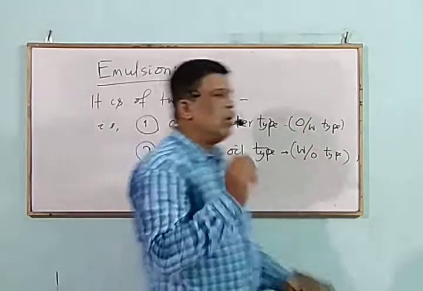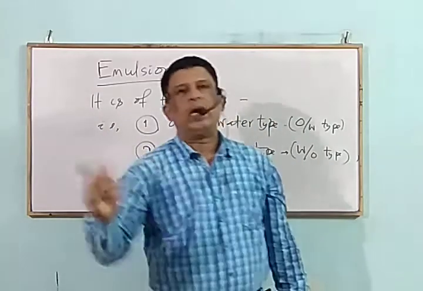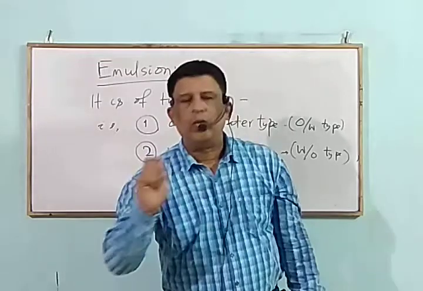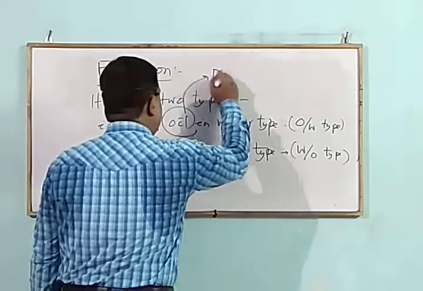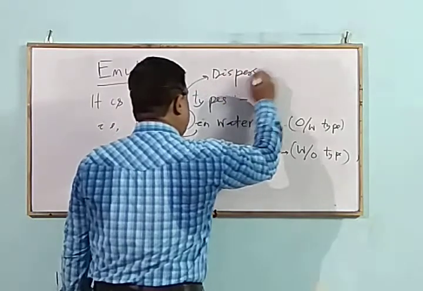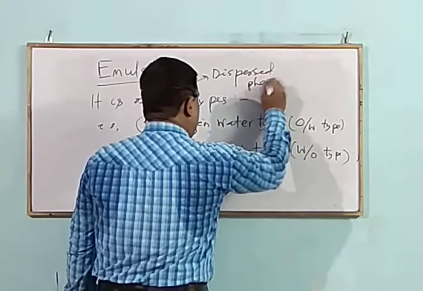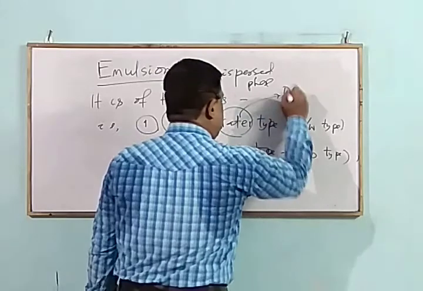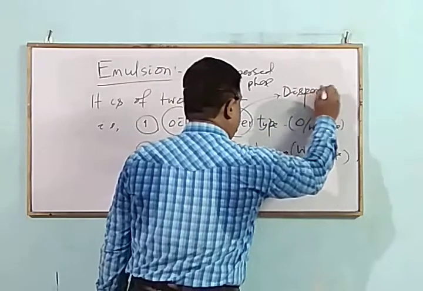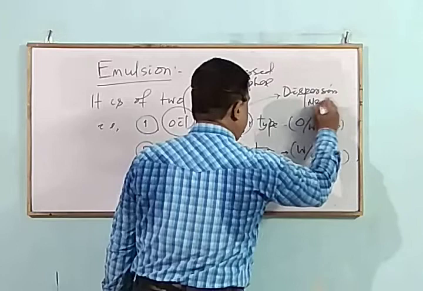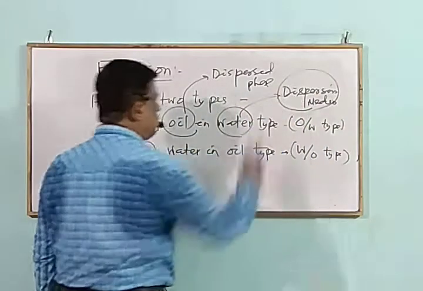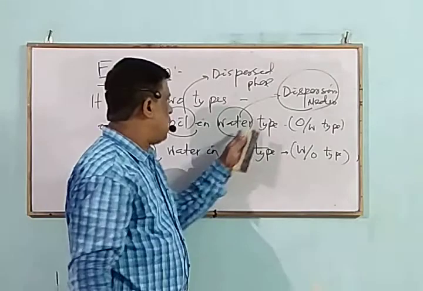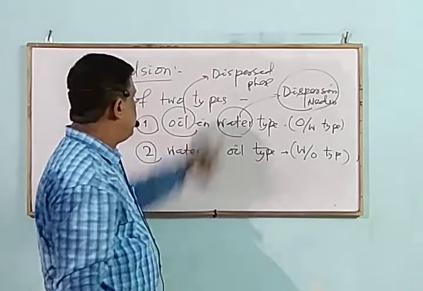First one is oil in water. Oil in water means here in this case oil is the dispersed phase while water is the dispersion medium, the continuous phase.